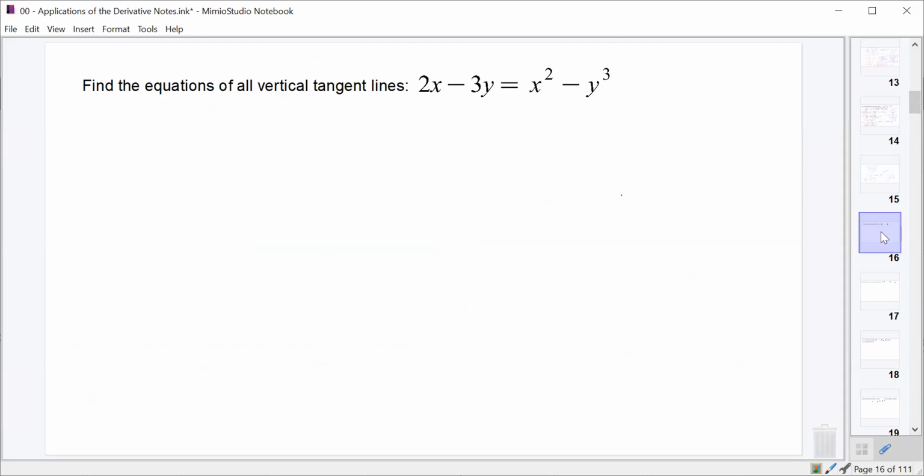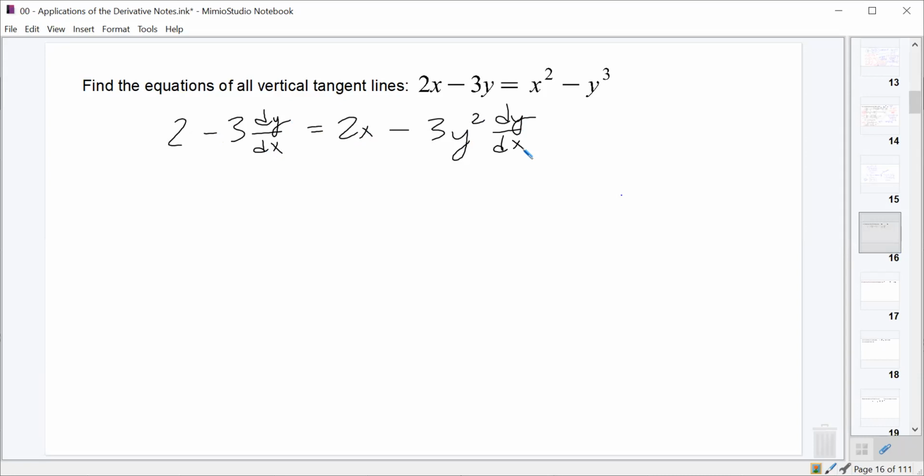Right. And this one, we're just looking for vertical tangent lines. So we'll start once again by just taking a derivative. Derivative of 2x is 2, and the derivative of minus 3y is minus 3 dy dx. And then the derivative of x squared is 2x, and the derivative of y cubed is 3y squared dy dx.